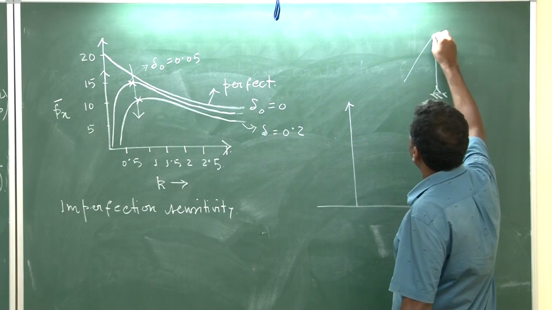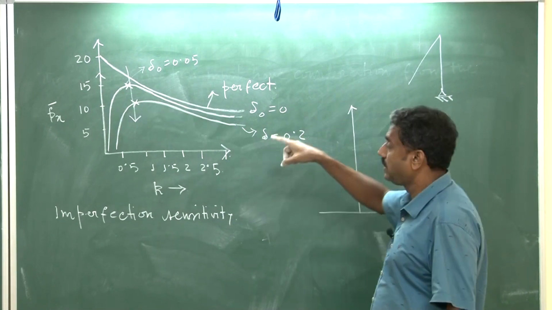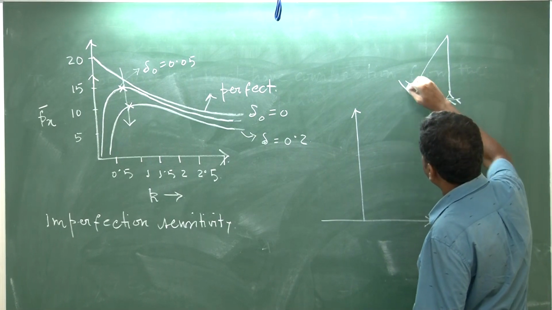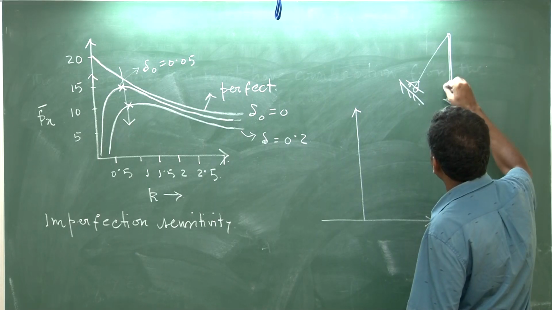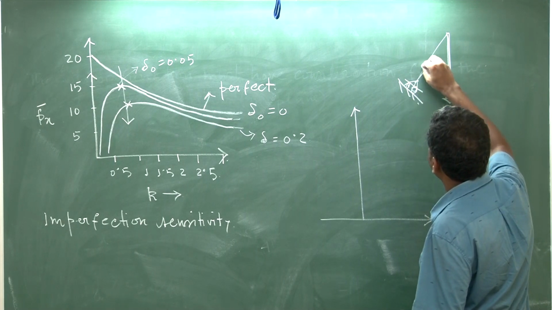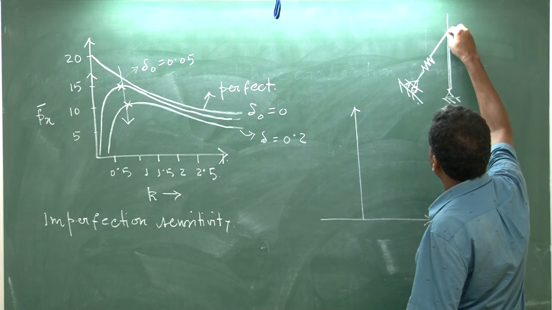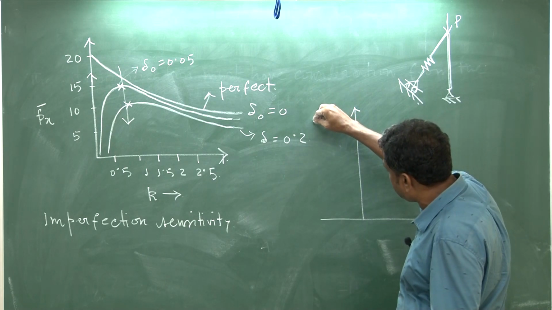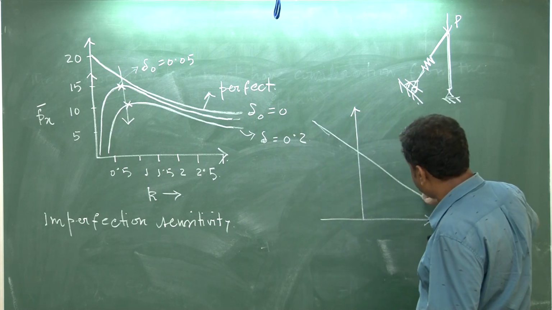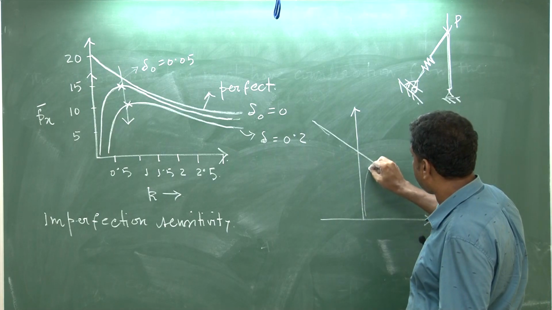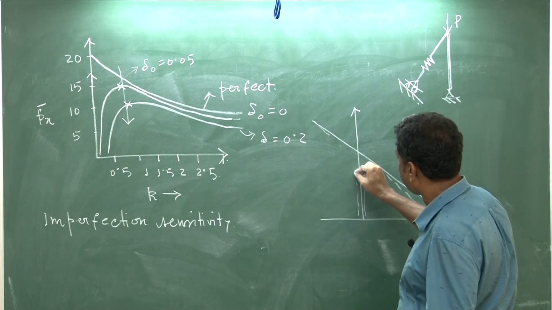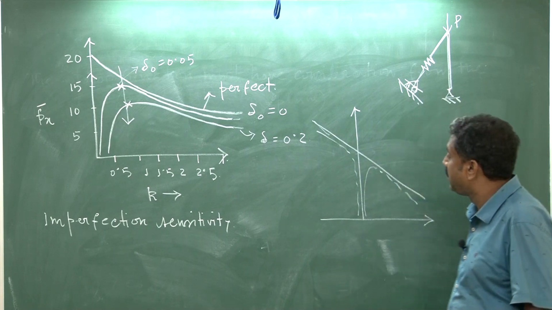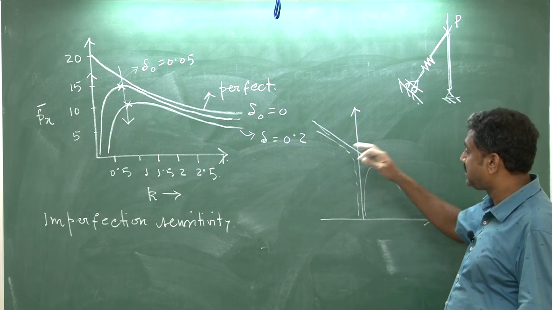Can you recall where you can see this kind of imperfection, this kind of equilibrium path? You can recall that there is this rigid bar, and it is restrained by an inclined spring, and then it was subjected to some force P. And then we can clearly see, you have seen that on this side it was from here to here, and so it is an asymmetric equilibrium path, with stable and unstable behavior.